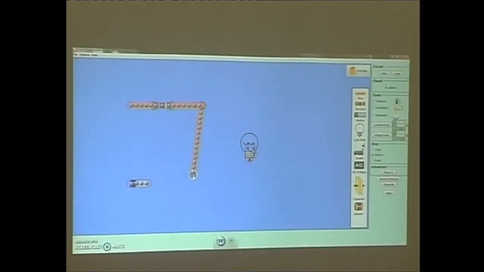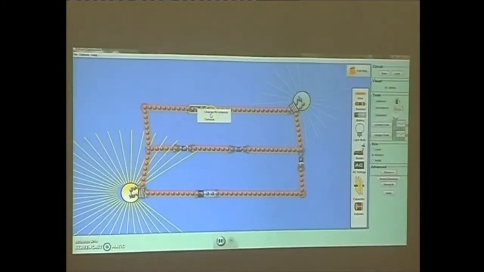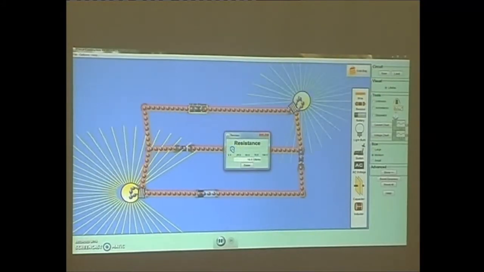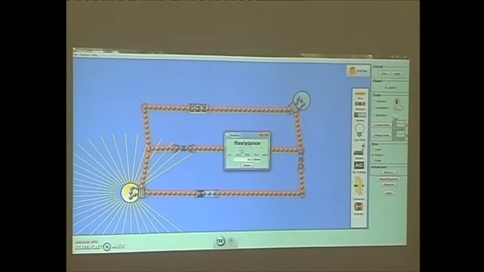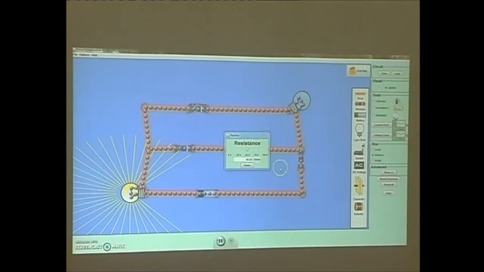A number of key criteria. Through a simple user interface, it provides a low-floor entry, which allows a user to quickly start constructing simple circuits. The system models real-world behaviors where parameters can be adjusted, resulting in an immediate response to the circuit components and shown in circuit outputs. It supports a high degree of interactivity.